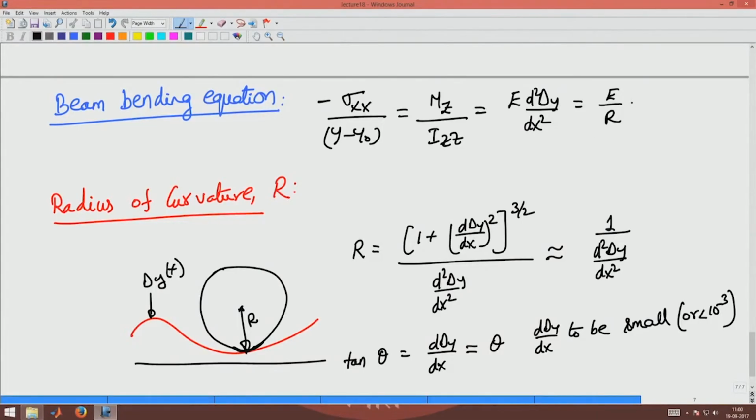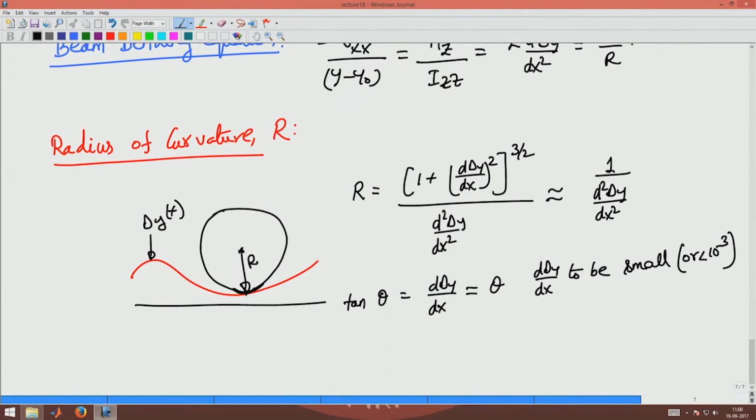Now, there is one more quantity called curvature, which is denoted by phi, which is nothing but 1 by R, which is Mz by E Izz, which is nothing but epsilon xx by y minus y naught.